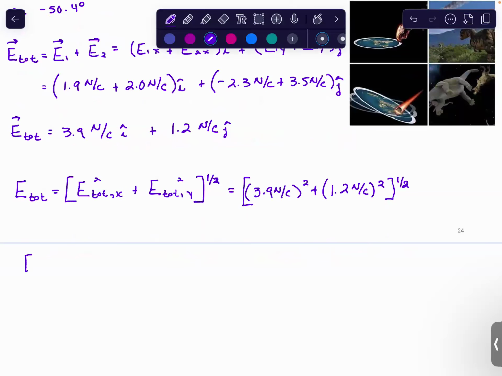So our magnitude, when you add that all up, is going to be about 4.08 newtons per Coulomb. And the magnitude is a scalar. Why? No direction. It's just a magnitude. Remember, your scalars are just your numbers.